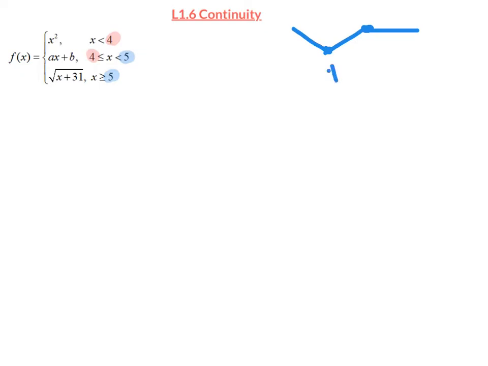So what you and I are trying to do is find the values so that at the connecting points, you do have a continuous function. So that's why we're doing two different things. We're going to set up for the values dealing with 4 and solve between these two. And we're going to do it again between the 5 because we need to connect these two together as well.